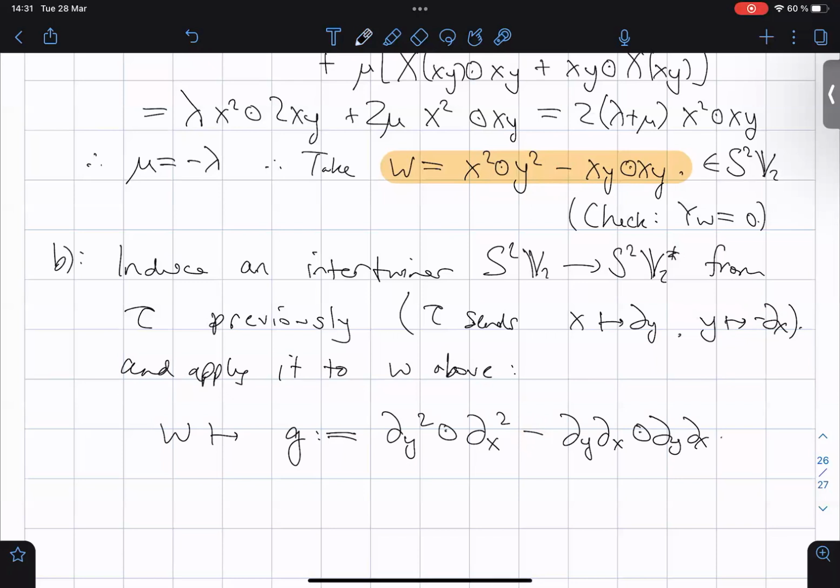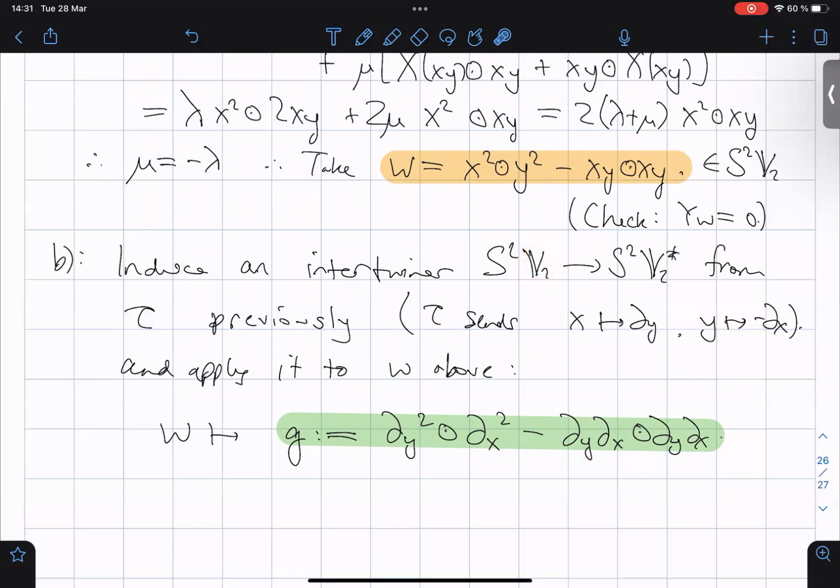Okay. All right. Good. So this is our expression for the bilinear form. Looks kind of weird, right? But I mean, it's right. This is defined on input vectors from V2.